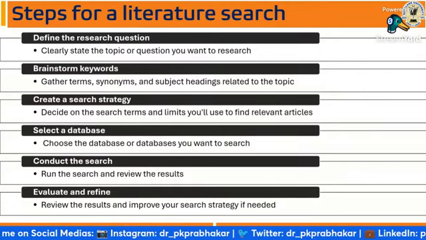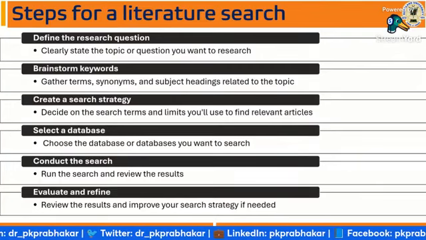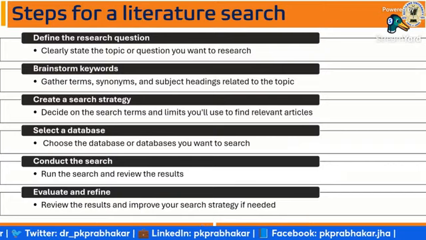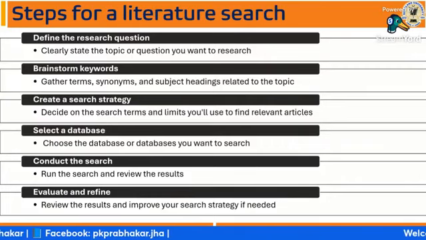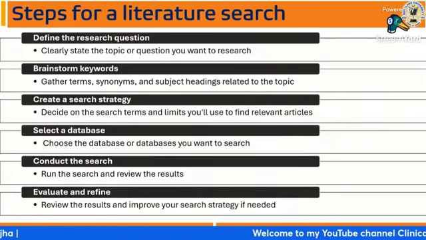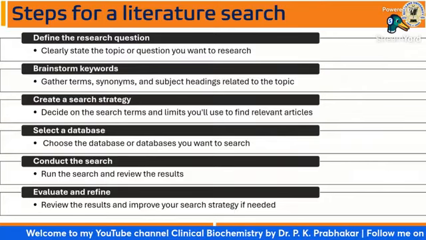The third step is to create a search strategy. This decides the search terms or limits to find the relevant topics. In this case, we use different kinds of Boolean operators. If you do literature search in different search tools, you can see they automatically take Boolean operators like AND, OR, NOT.